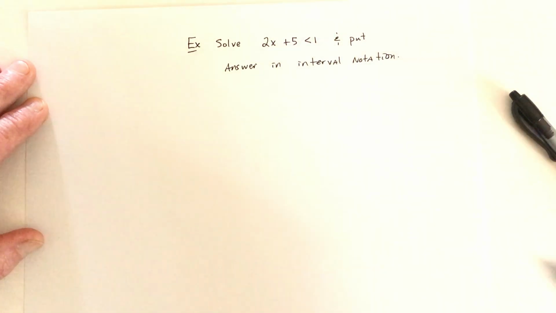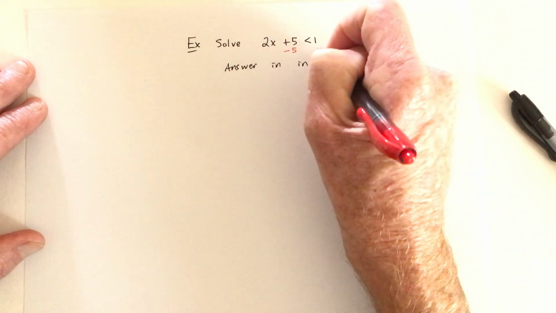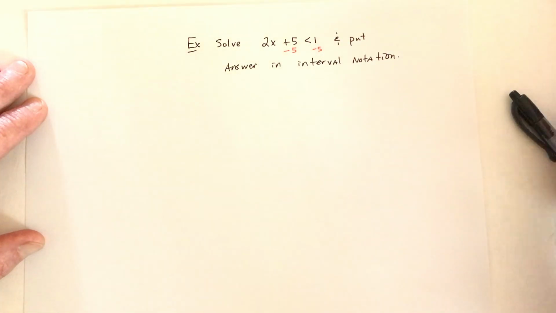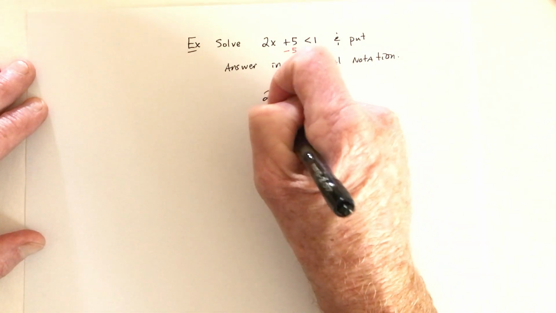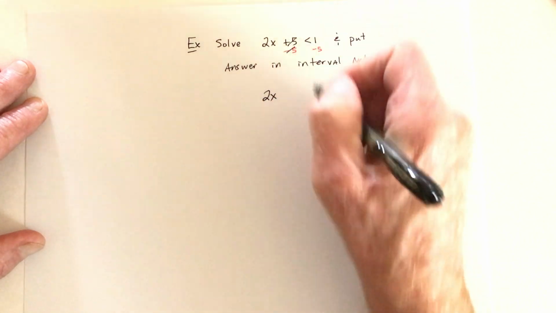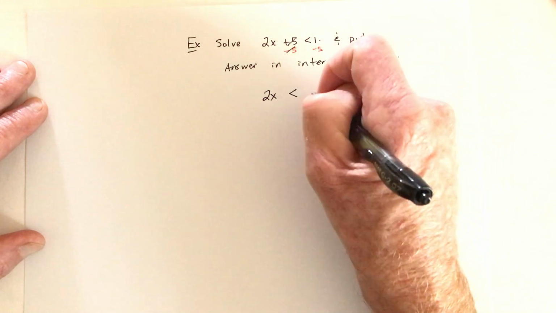All right, so we basically do algebra to isolate the x first. Start by subtracting 5 on both sides. So this side will still have the 2x. These are going to cancel. And then 1 minus 5 is negative 4.